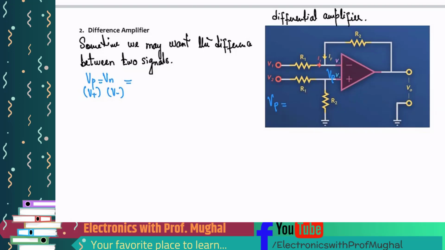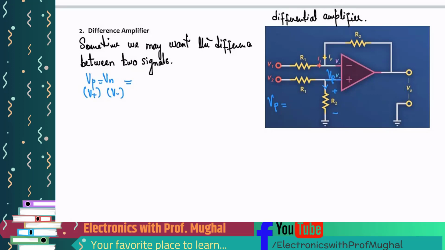Can we apply a voltage divider here? Yes. Because VP, the wire that's going into the positive terminal of the op-amp, and R2 are connected in parallel. So whatever the voltage is across R2, the same voltage will be at VP, correct? So what would that equation be?